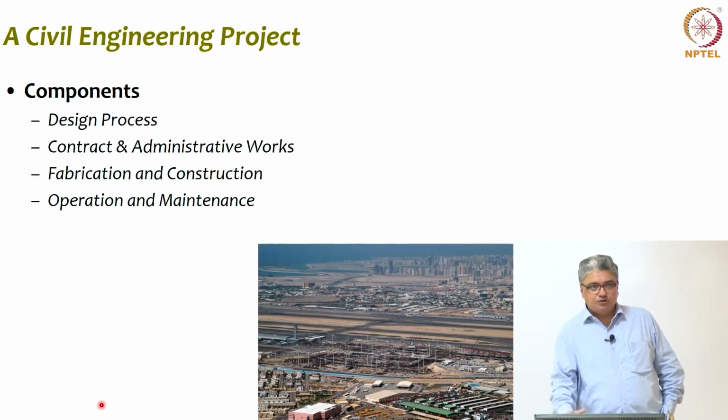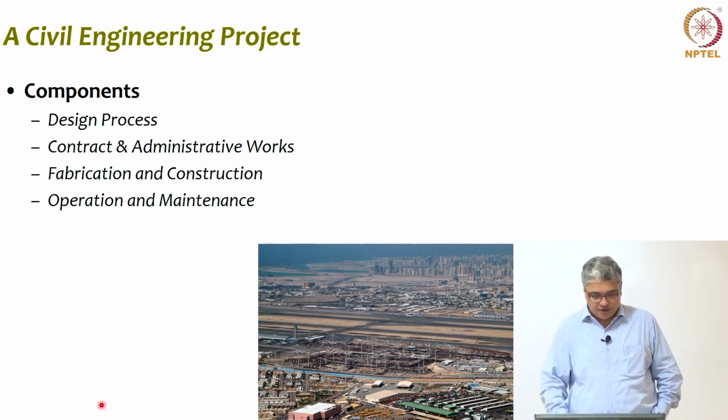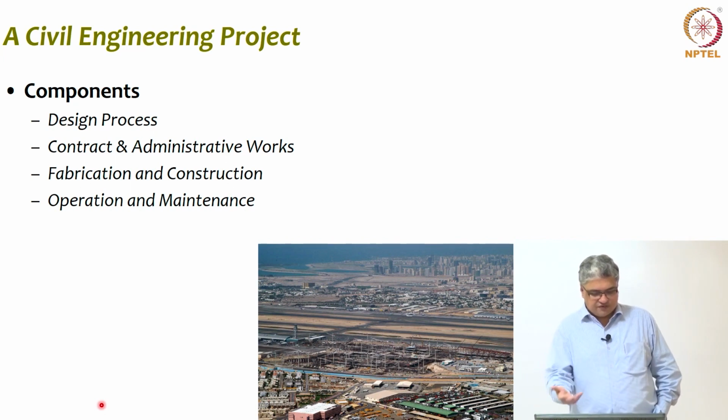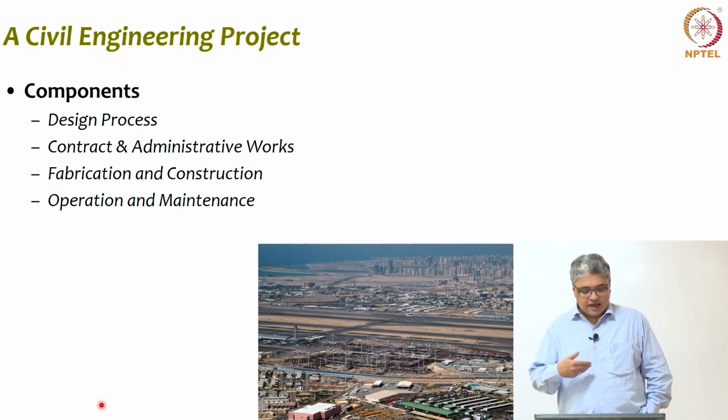So, what are the things that a structural engineer has to do? Very quickly, I will not go through this. I am sure there are other occasions where you have been told about how a civil engineering project goes, but the basic components, if I look at it, there is a design process, and there's administrative work including contracting and so on, and then the structure has to be constructed.